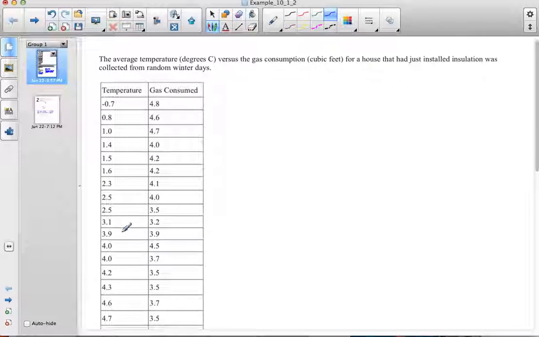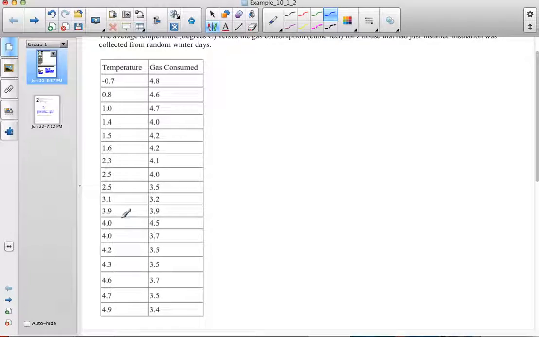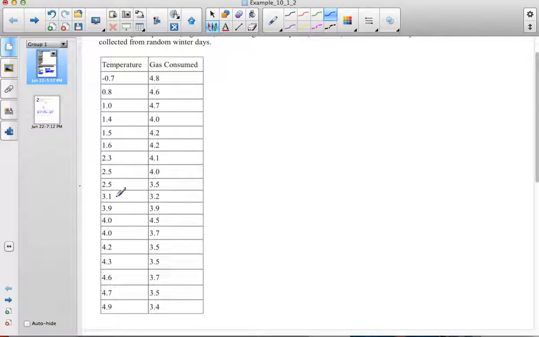I've got a 3.9, I've got a 3.1, I'm close to it, but I don't actually have a 3.8. I noticed that when I have a 3.9, my value was 3.9 as gas consumed, and I just came up with 3.8 cubic feet of gas used. So it seems like it fits in quite nicely with our data. And that's kind of a nice feeling.